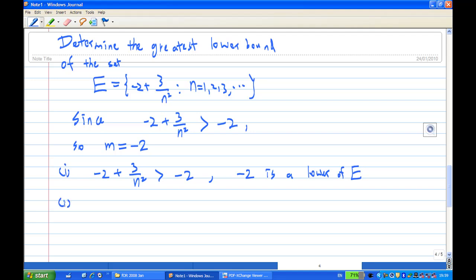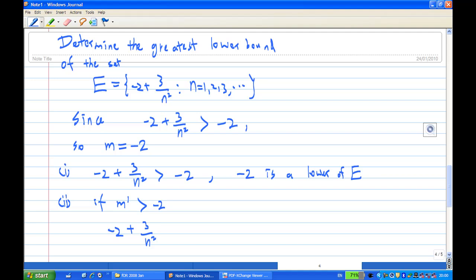Now, secondly, if I have a number m prime greater than -2, greater than m, then I must show that this m prime is not a lower bound of E. How do I show that? Everything in E looks like -2 plus 3 over n squared.